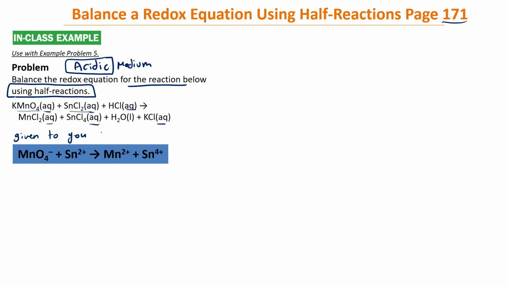So this is, if you remember, step 1 given to you. Now if you remember step 2, we need to write the oxidation half, right, and the reduction half. Which one had oxidation and which one had reduction? Okay, you don't need to know everything, you just need to know one of them.